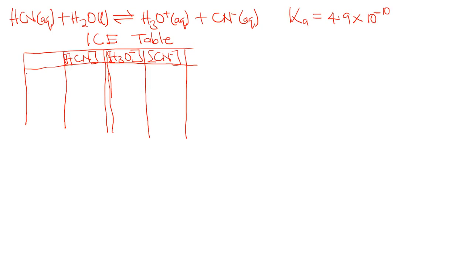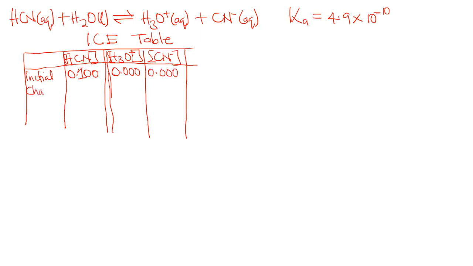So the initial, we have initial concentration here. We know that the HCN was 0.100 molar. At that point, we didn't have any hydronium ion, and we also didn't have any CN minus.